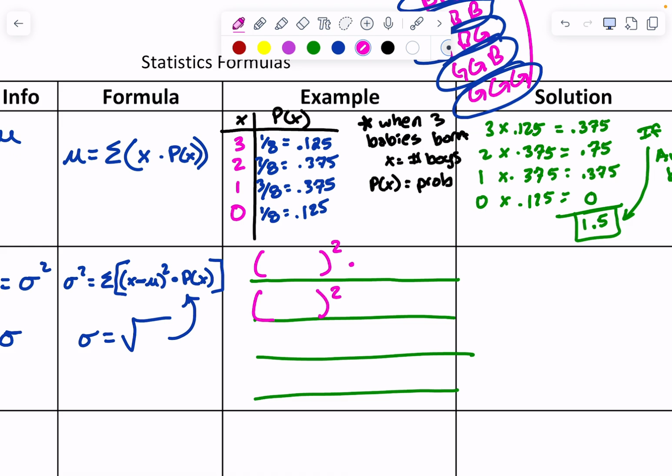Same for each line. What's my first x? 3. Minus, what's mu? Mu is 1.5. Times p of x for the first one is 0.125. I'm going to do that, and I'm going to get a number.